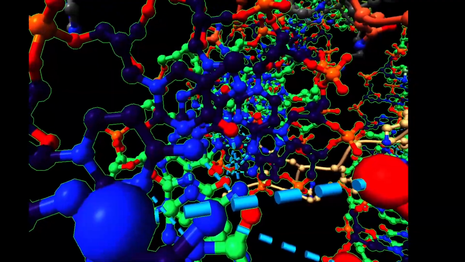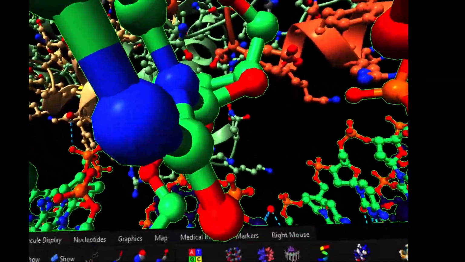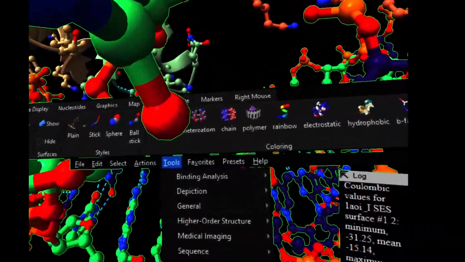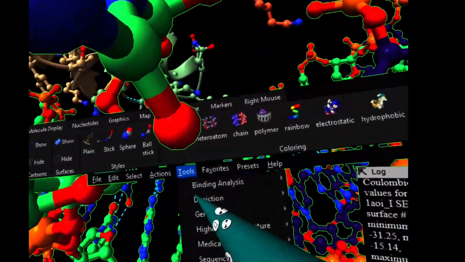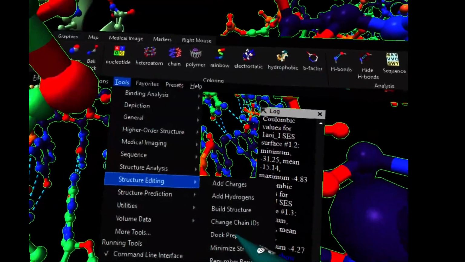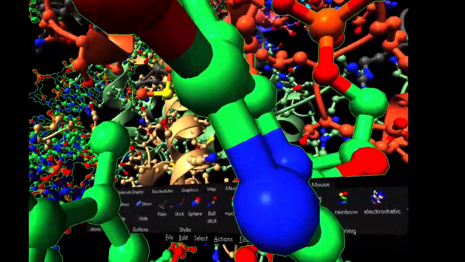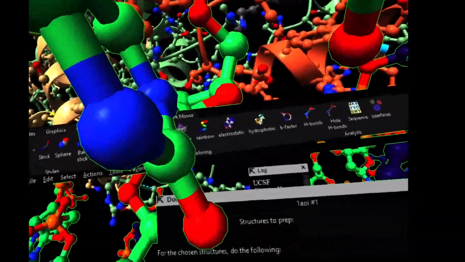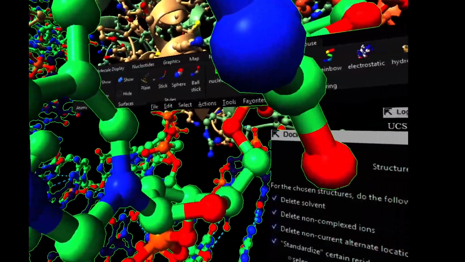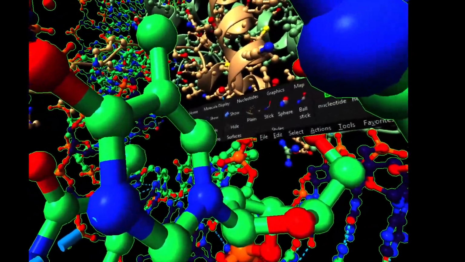we will first of all add all the hydrogen atoms within these nucleotides. We have to go to the Tools tab, to the Structure Editing tab, in which as you can see there's an option called Dock Prep, in which we can prepare the entire complex, in this case for docking, which basically adds hydrogens, deletes solvent, deletes other non-essential ions, and fixes residues, and importantly adds partial charges to the whole complex, so we can view electrostatic interactions much more easily.